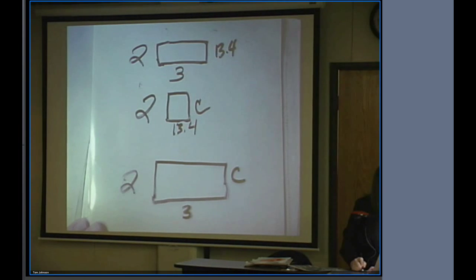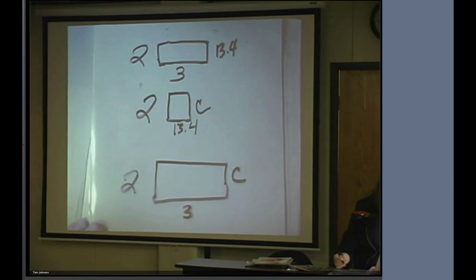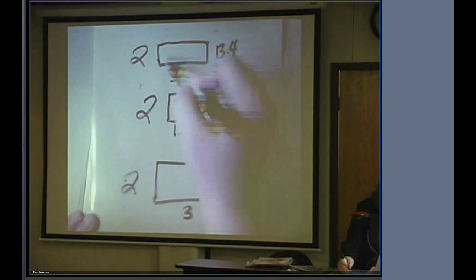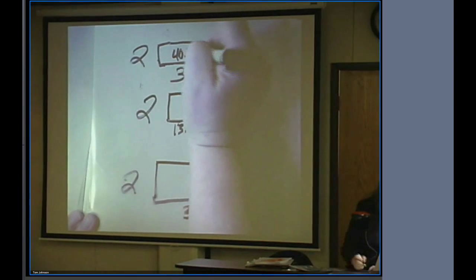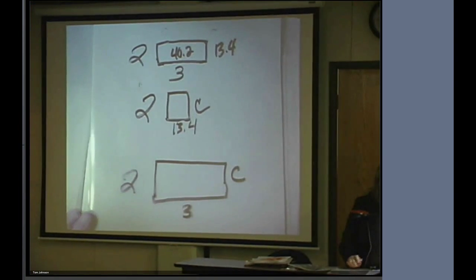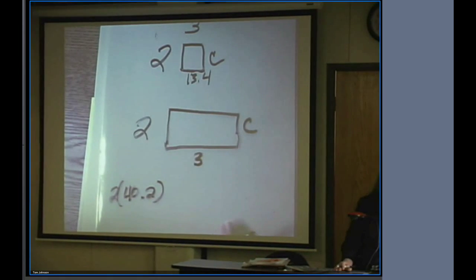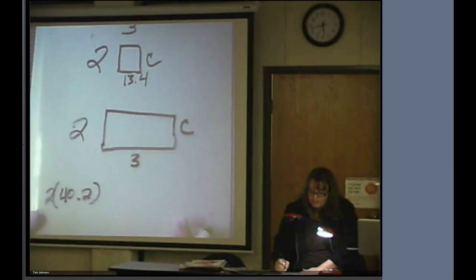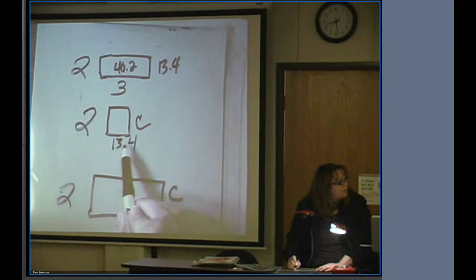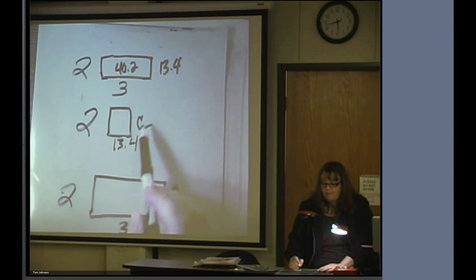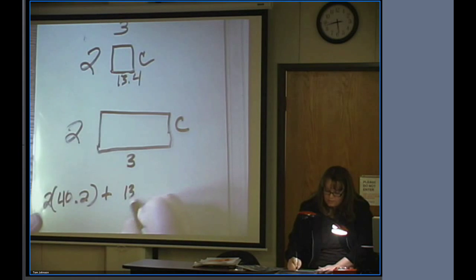Is it 42? 40.2? So this right here is going to be 40.2, but I have 2 of those. So I have 2 times 40.2, plus here I'm going to have the 13.4 times C. So I'm going to write that down as 13.4C, and I have 2 of those.